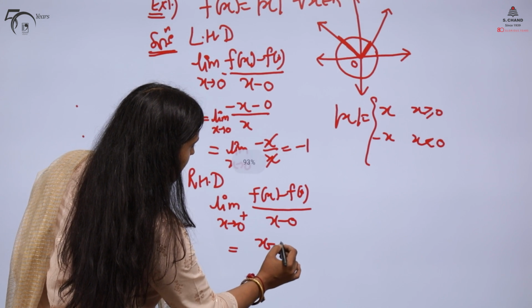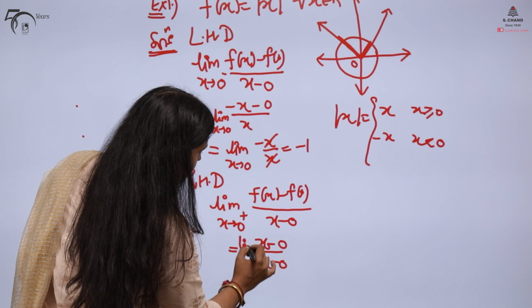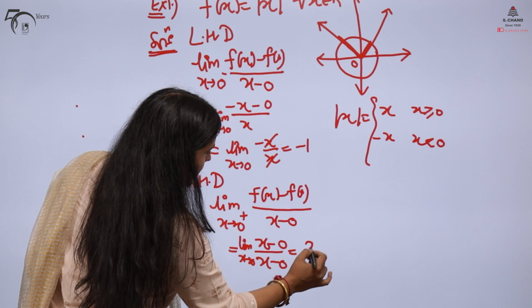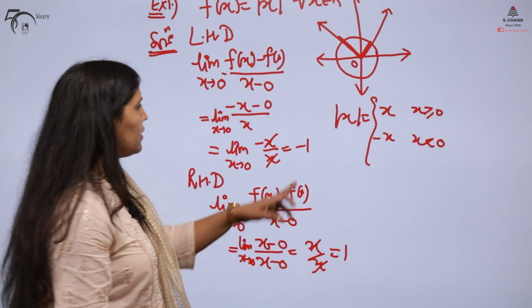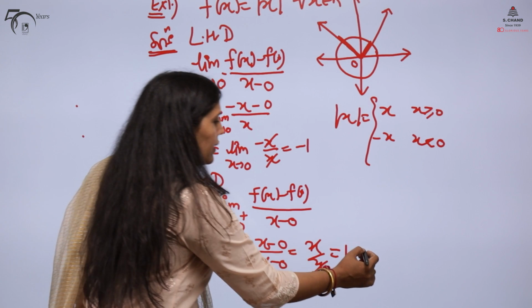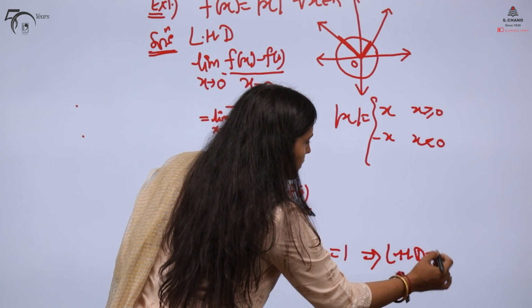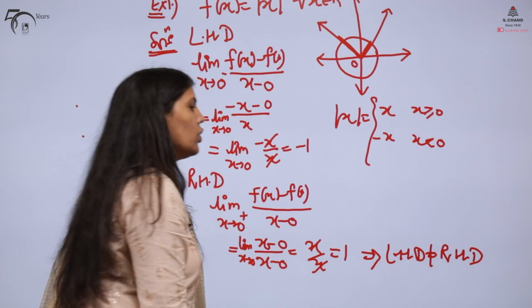So x minus 0 upon x minus 0, and limit x tending to 0. Simply again it is x by x, which cancels to 1. So you can see the left hand derivative is clearly not equal to the right hand derivative. So you can simply say the function is not differentiable.